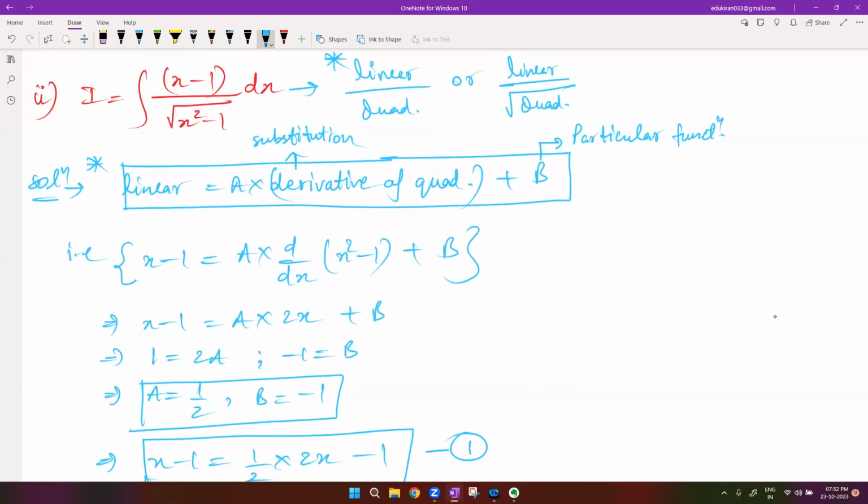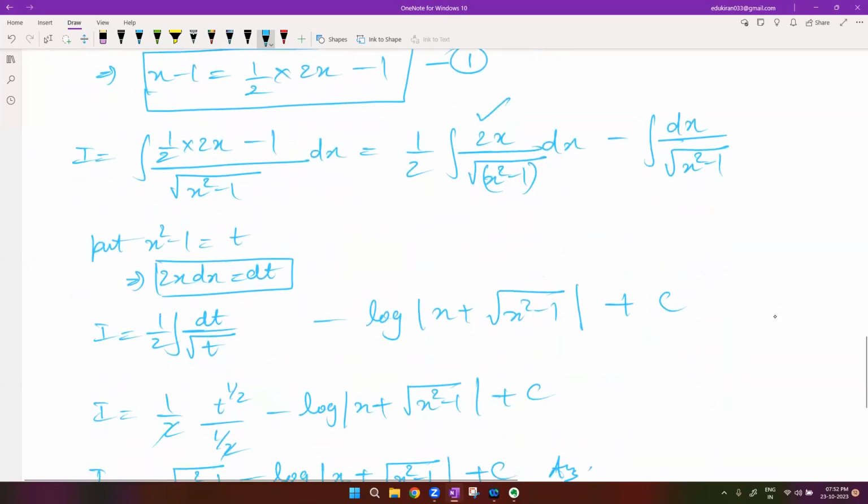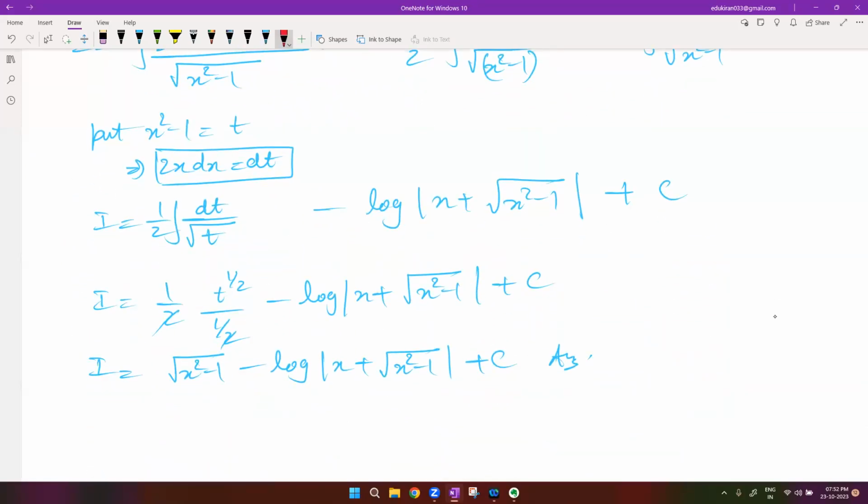Has everyone noted this? Try to solve this one.